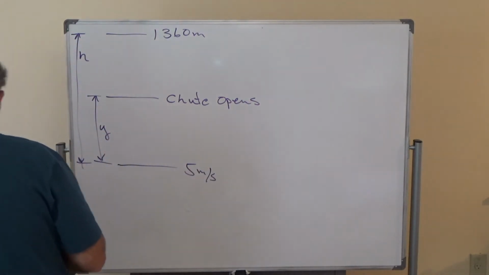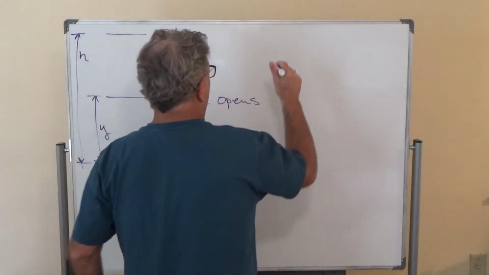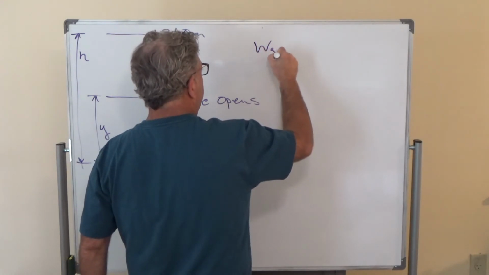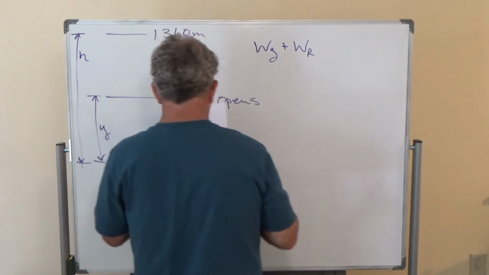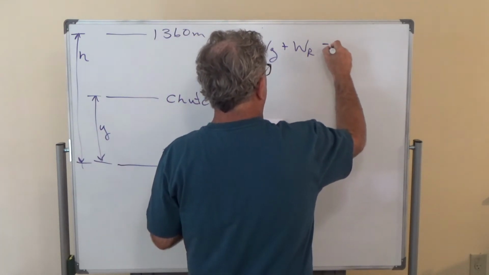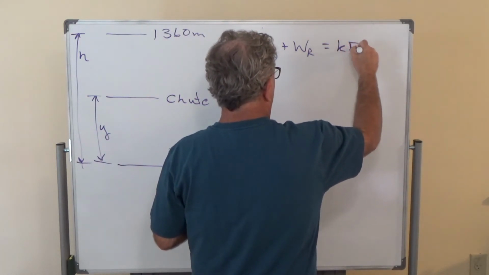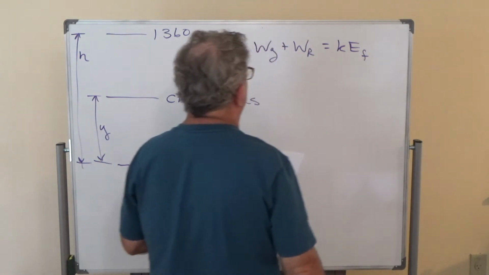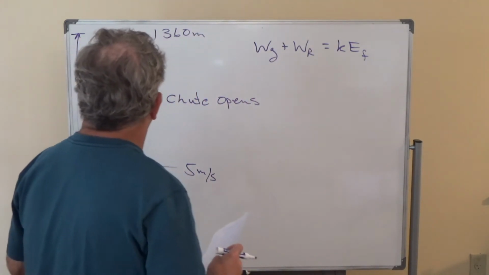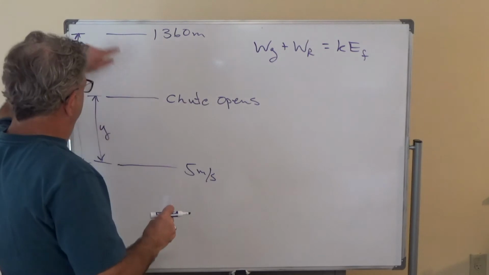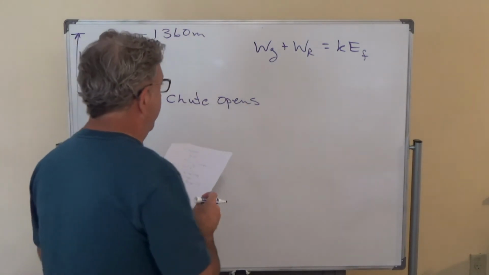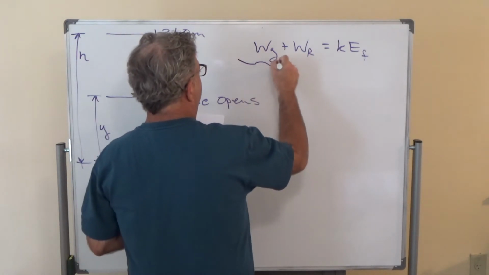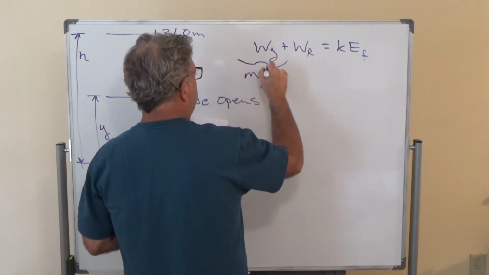So you have the work done by gravity plus the work done by the retarding force is equal to KE final. The work done by gravity is the same throughout the whole thing. The work done by gravity is mgH.